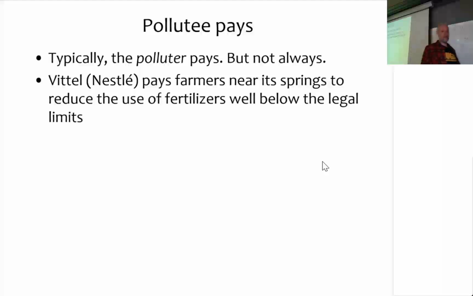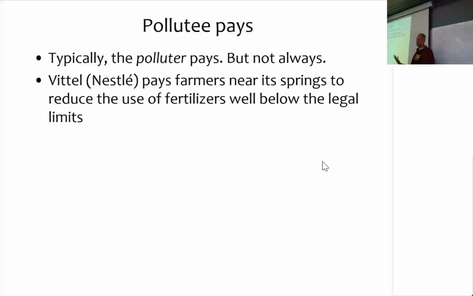And one example is the company Vittel, which is now part of Nestlé, but wasn't part of Nestlé when they did this. Vittel sells mineral water, and in order to be allowed to sell a bottle that has the label mineral water on it, you need to meet very stringent environmental standards, much more stringent than drinking water.